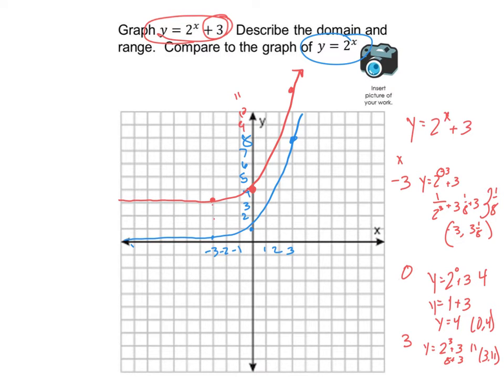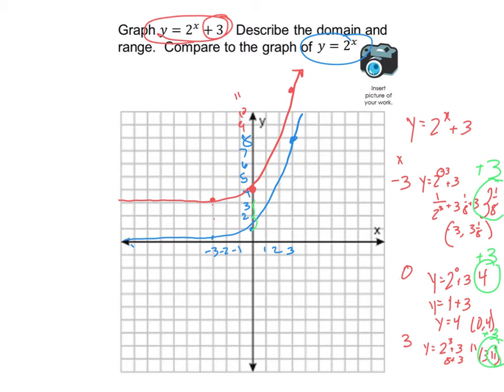Okay, now if I compare the two, if I just look at these numbers, I should be able to see what it is. So it was 1/8, now it's 3 and 1/8. What did I do to it? I added 3. This y-intercept was a 1, now it's a 4. What did I do? I added 3. This was an 8, your y value, now it's an 11, so you added 3.